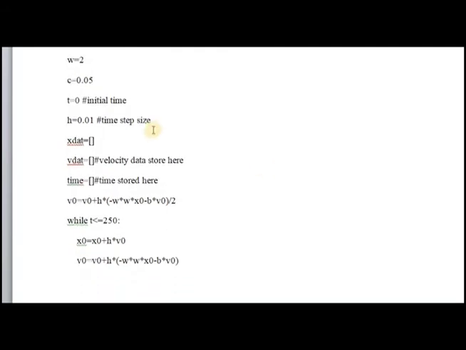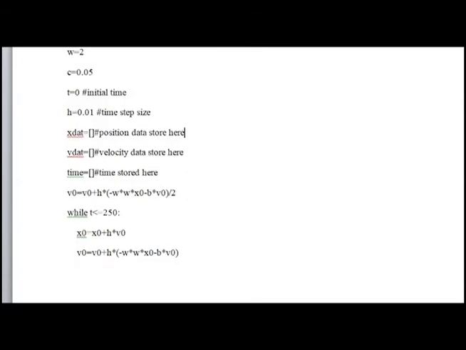In the first case we worked with arrays, and here I have used lists x dat, v dat, and time as three lists for storing the data. You can give any type of comment by putting a hash. It won't be read by the interpreter. Any comment can be made by putting a simple hash and writing your comments after that.